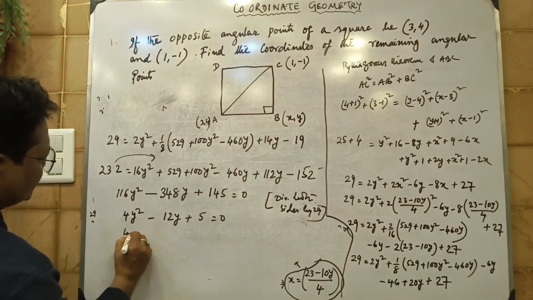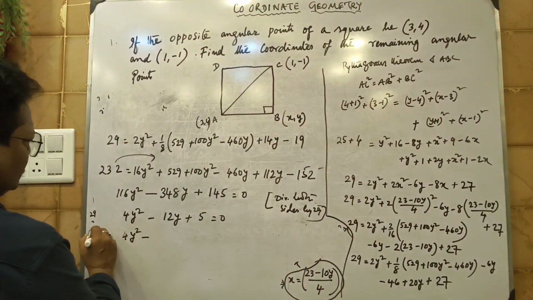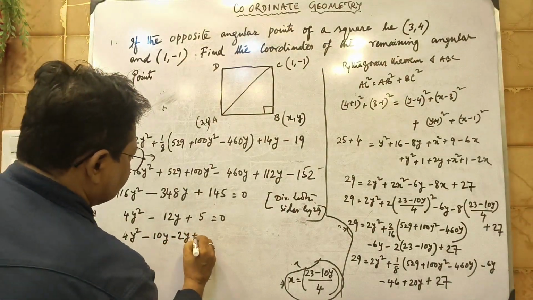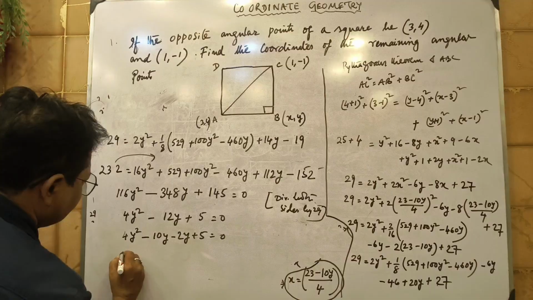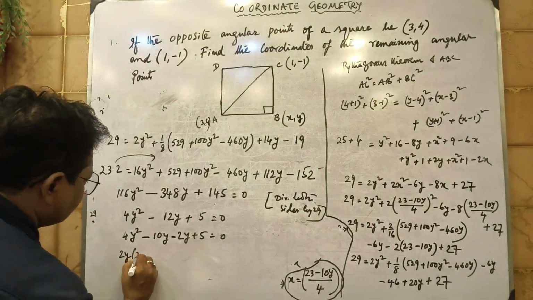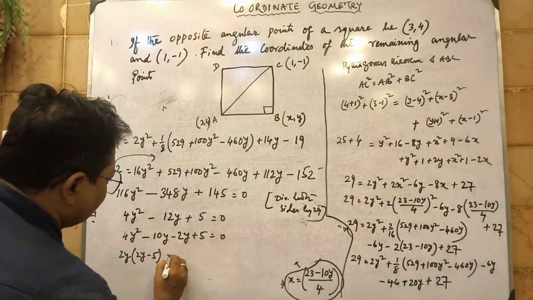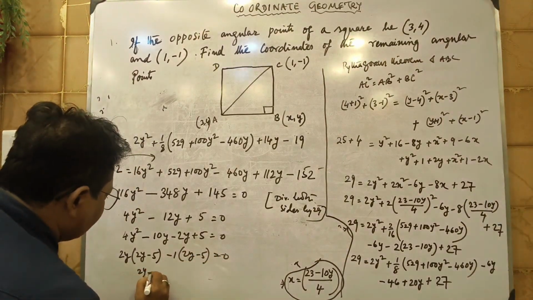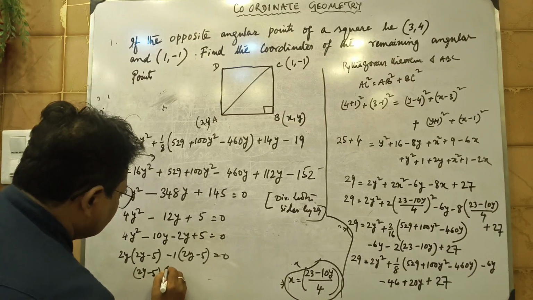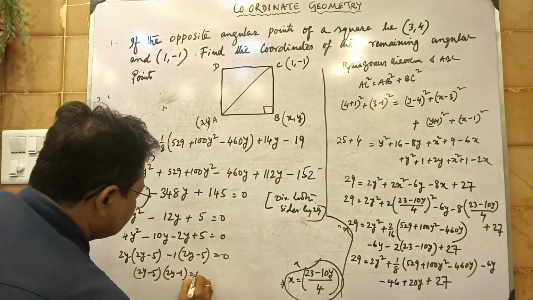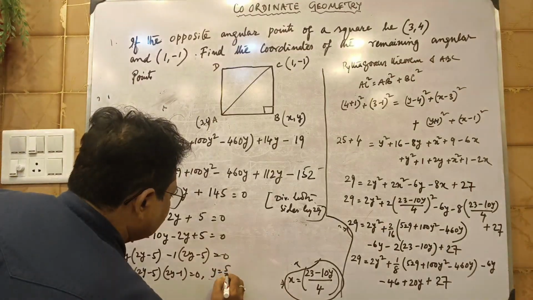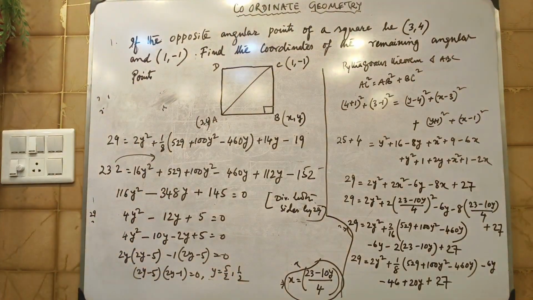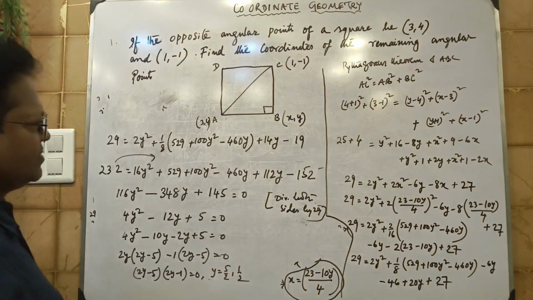So it is 4y square minus 10y minus 2y plus 5 equal to 0. Taking 2y common, 2y minus 5 into 2y minus 1 equal to 0. So y equal to 5 by 2 and y is equal to half.